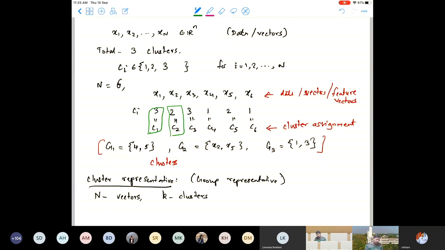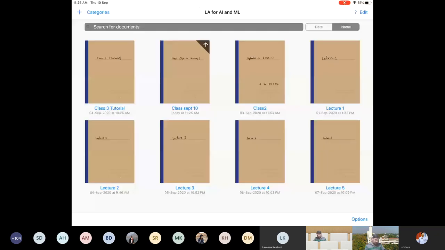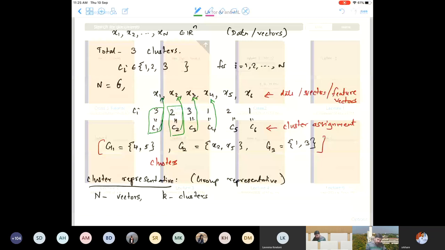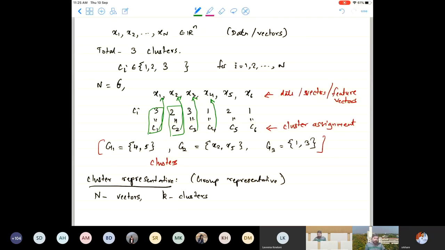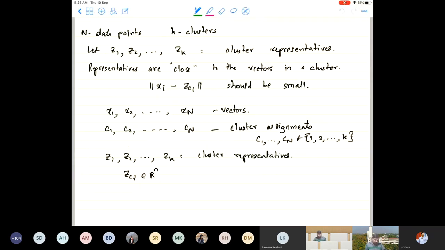So this 1 corresponds to data point 1, this 2 corresponds to data point 2, and so on, and the value of C1, C2, C3, C4, C5, C6 is one of the three values 1, 2, 3, which will tell what cluster. Sir, in that example, yes.